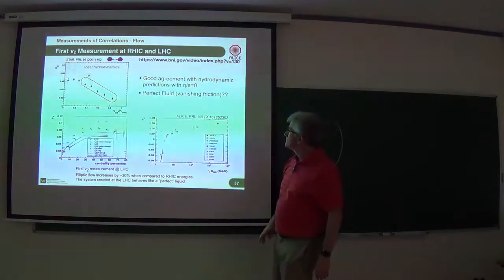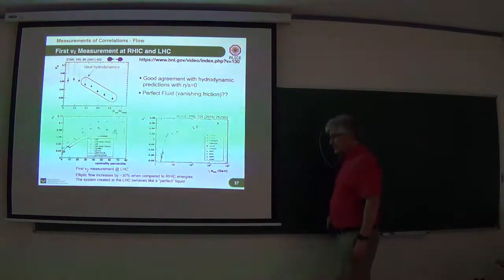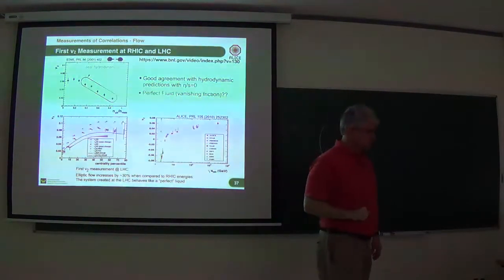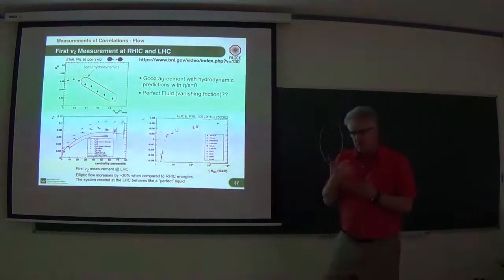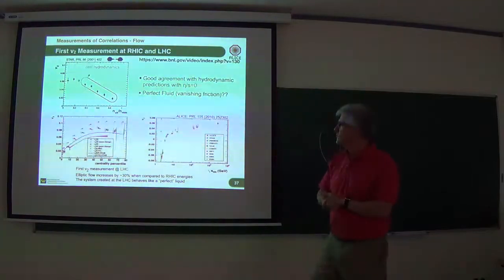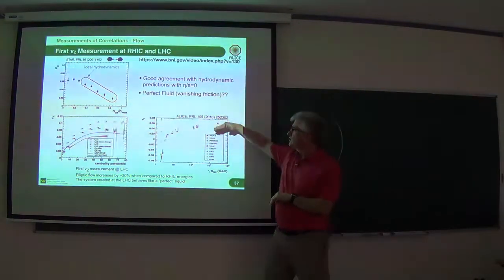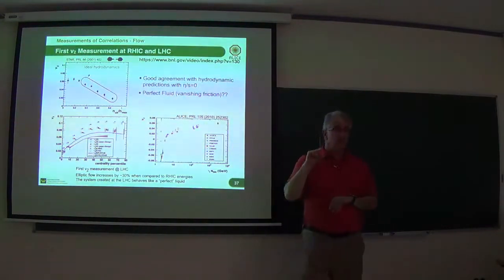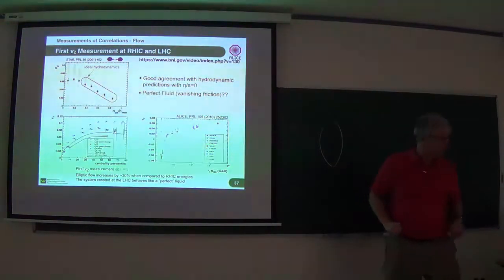I'll come back to that in a moment. And so we were able to show our V2 as a function of square root of S. And we see that it seems to be rising. Now, the fact that it was rising was at first somewhat of a puzzle, because if you think in terms of the system being opaque and having some gradient of pressure, the initial thoughts were that this would level off. What we find here is that the V2 is increasing because the average pT is increasing with square root of S.